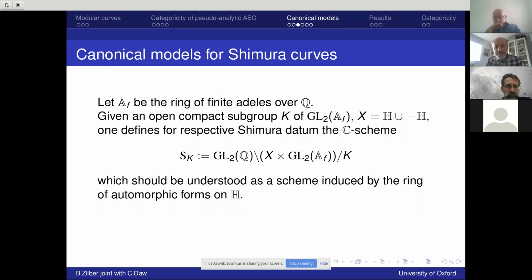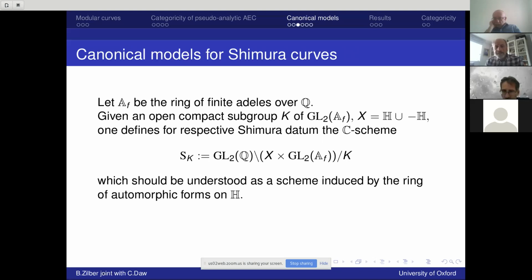Okay. And so in order to understand this, we come to what in the theory of Shimura varieties is called canonical models for Shimura varieties. And in this case, it is canonical models for Shimura curves, because we are dealing just with the case of modular curves, which is the same as Shimura curves.